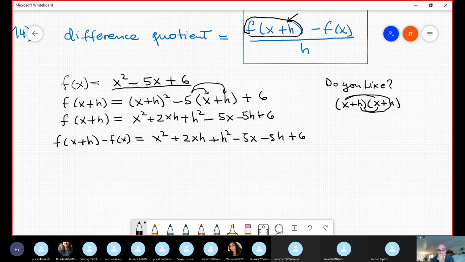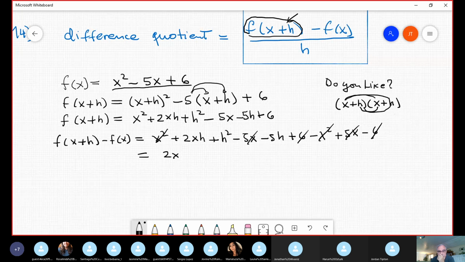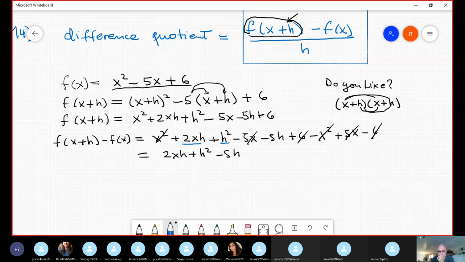Subtracting means opposite sign. Ooh, a lot of people cancel. What is canceled? This is canceled. This is canceled. And this is also canceled. And only 2xh plus h squared minus 5h stays alive. That's it, right? So only this stays.